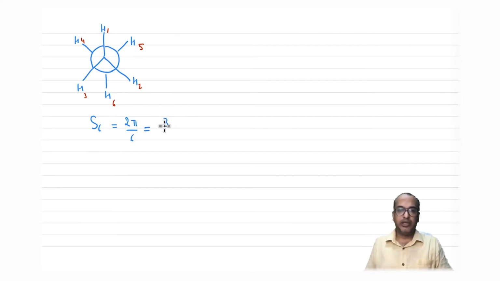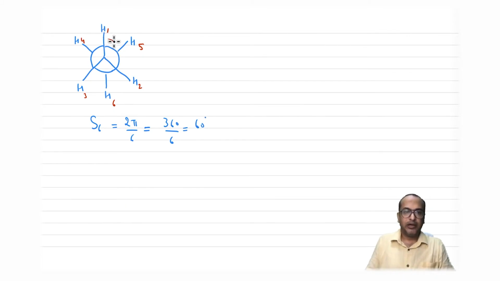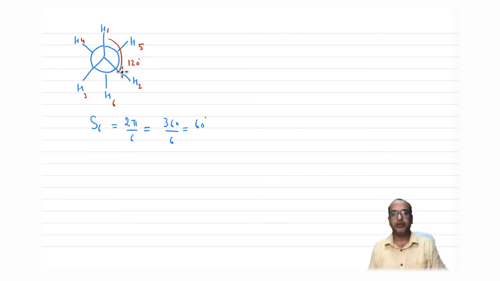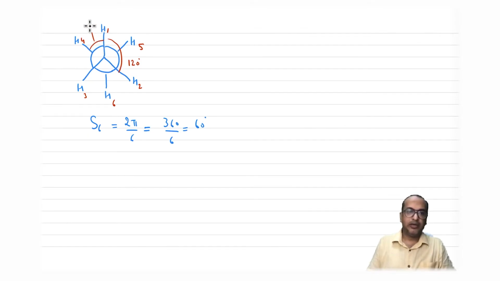This will be 360 by 6, which is 60 degrees of rotation. So where is the 60-degree angle over here? This whole angle is 120 degrees between two hydrogens on one carbon. But if you look at this dihedral angle, it is 60 degrees. So we will be doing a 60-degree rotation.